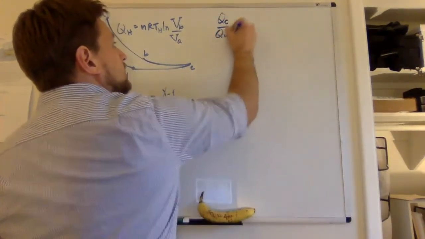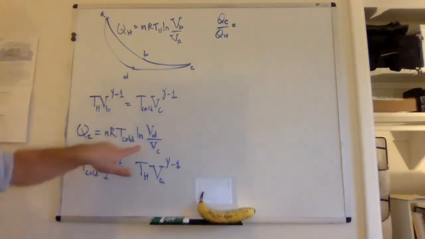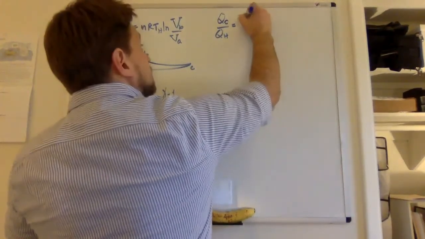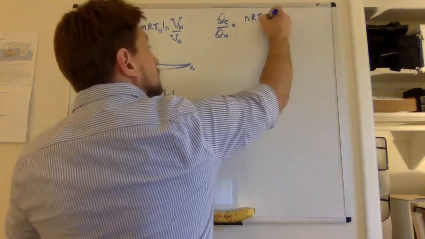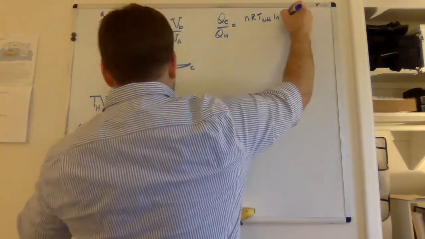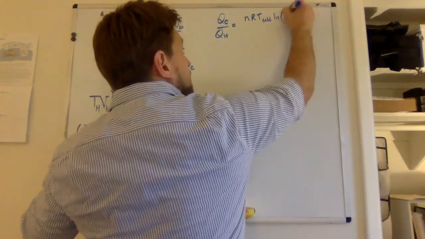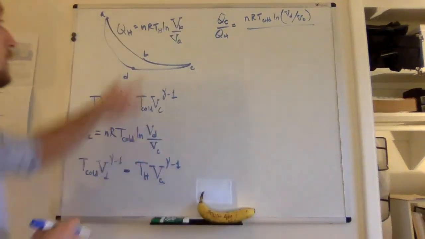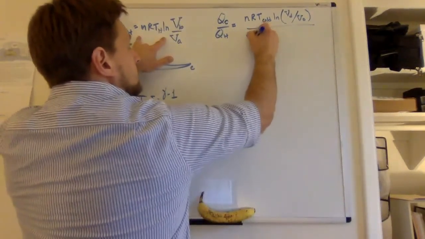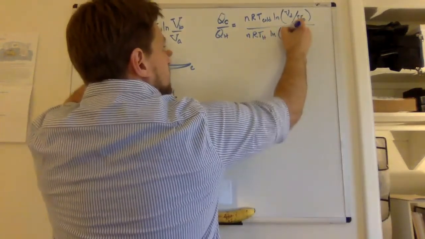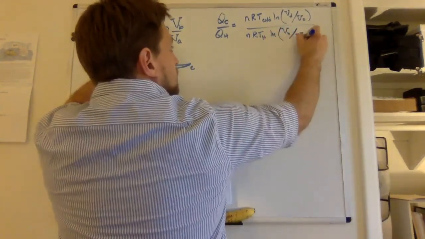QC over QH equals, QC is this thing: nRT cold, natural log of the ratio VD to VC, over nRTH, natural log of the ratio VB to VA.